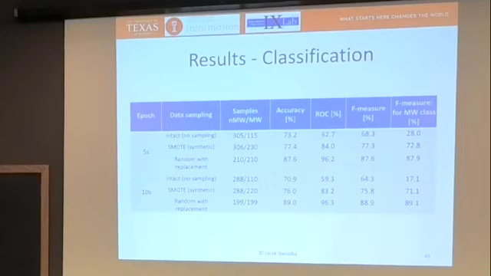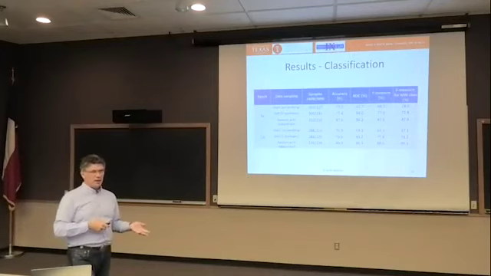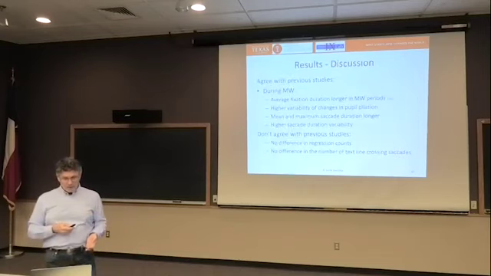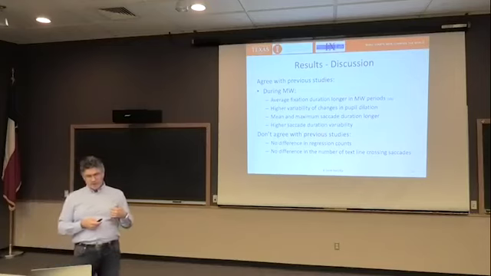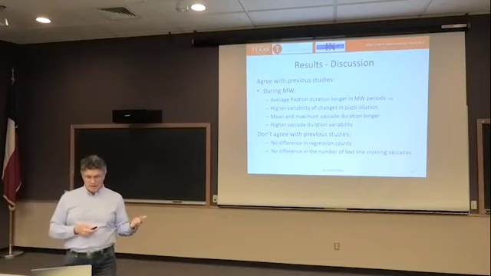A slightly better measure is to assess classification performance with F measure, and here we also can see that overall the performance is quite promising. So some of the results that I already mentioned when talking about the charts are the longer fixation durations, the overall higher variability of fixations, and also pupil dilation.